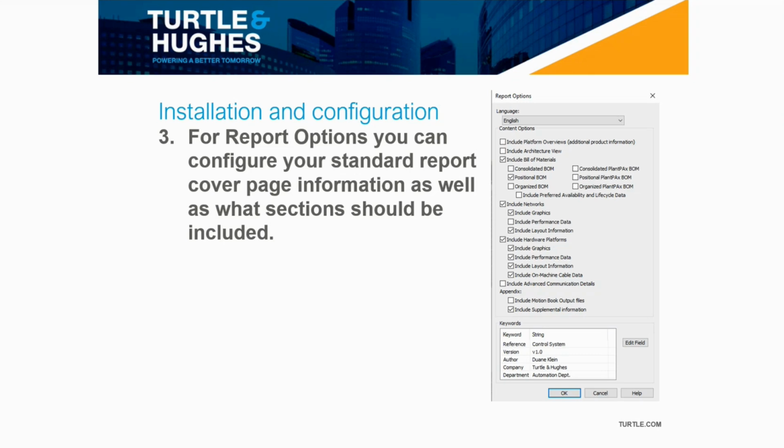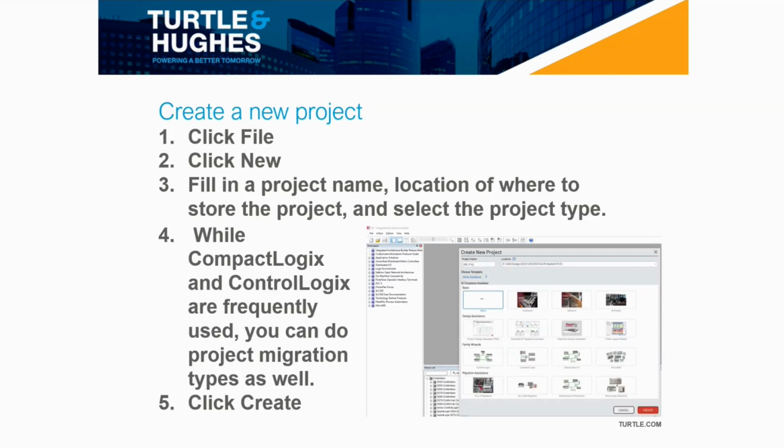Eventually, we're going to create a report, and that report will be in Microsoft Word format, which is great because you can always use your standard Word tools to make modifications. All right, so what's done here is not set in stone. You can always adjust it later on. But these are some of the ways I typically set up my report options when I'm first working in IAB, to make sure my default page looks the way I want it to.